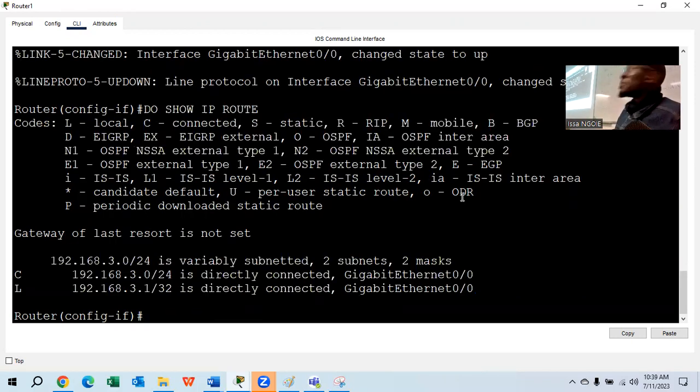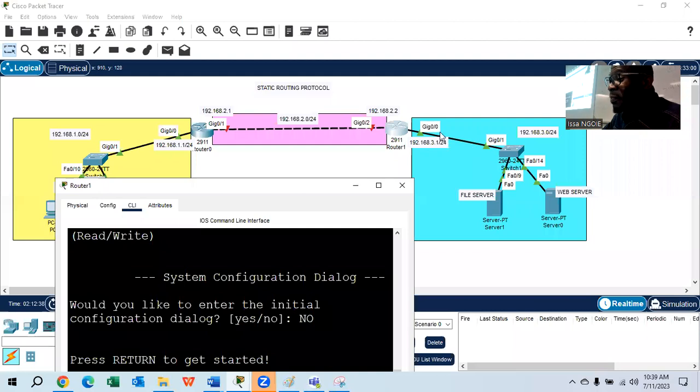What did you see? There is a C. C shows what? The connected network, right? Which network are we connected to? 192.168.3.0, this one. Now your router can learn about the blue network. Why?